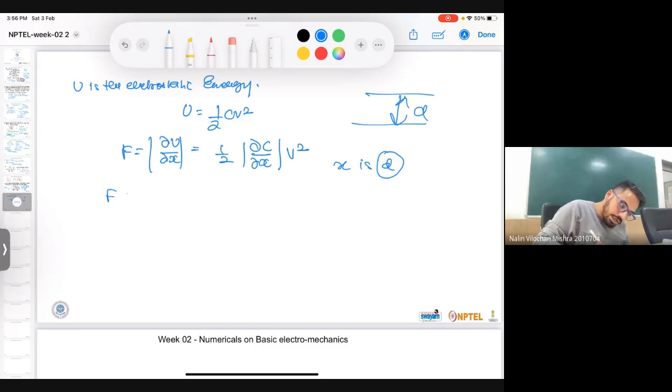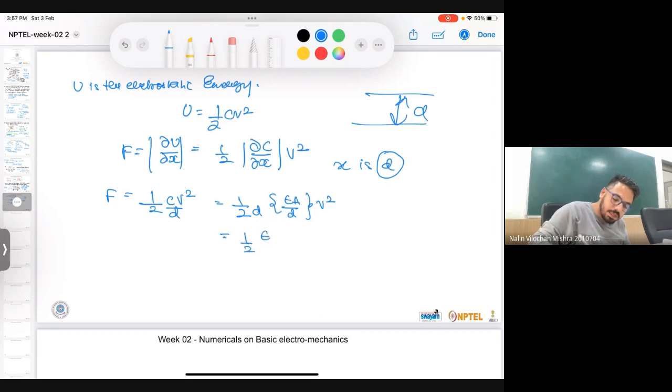So we can write it as half CV square by d, or half, in the place of C we can write it as epsilon A by d V square.